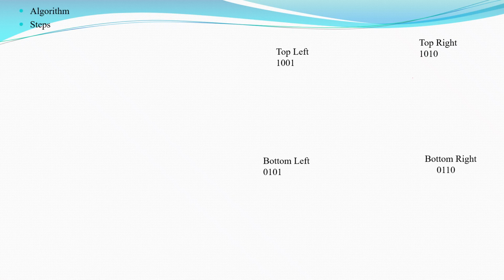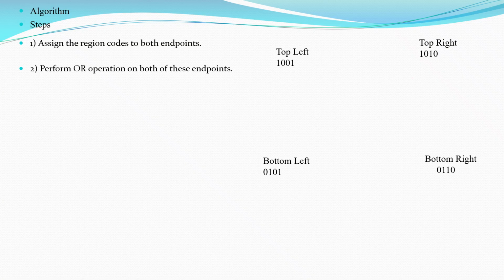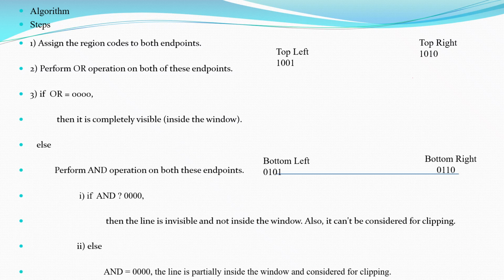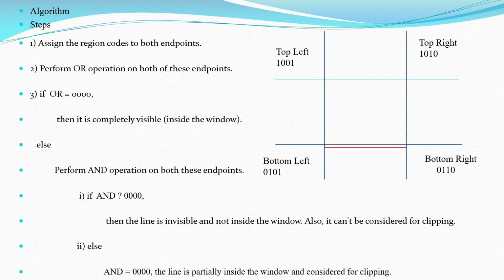We'll see the algorithm now. So what are the steps? The first step is to assign the region code to both endpoints. Endpoints of what? Of a given line. Okay, so with the help of that, we take the window and we take the region code. This is how we write down all the region codes.